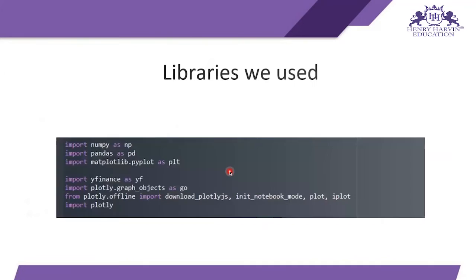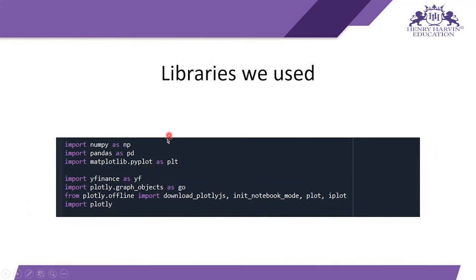Next are the libraries which we are going to use in our coding session: NumPy, Pandas, Matplotlib, yfinance, and Plotly. Make sure that you have these five libraries. If you don't have the NumPy library, you can type the command in your cmd or Anaconda prompt: pip install numpy. If you are using Anaconda, you can search conda numpy on the website and get the command for installing it in Anaconda Navigator and Anaconda prompt.